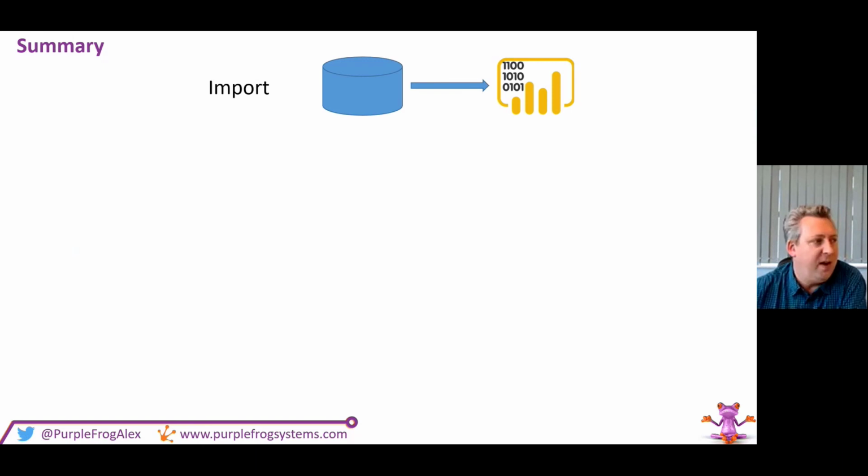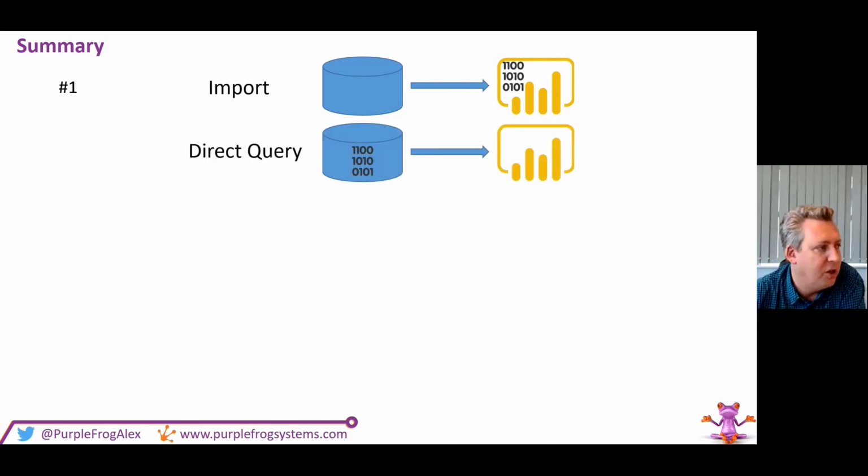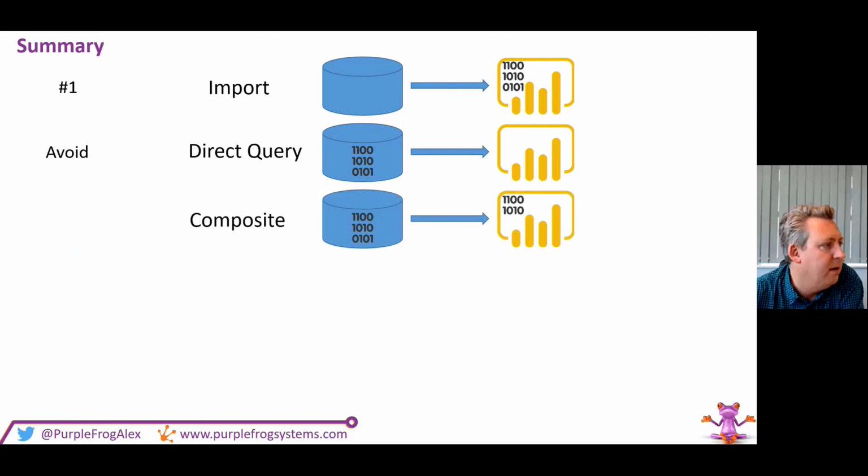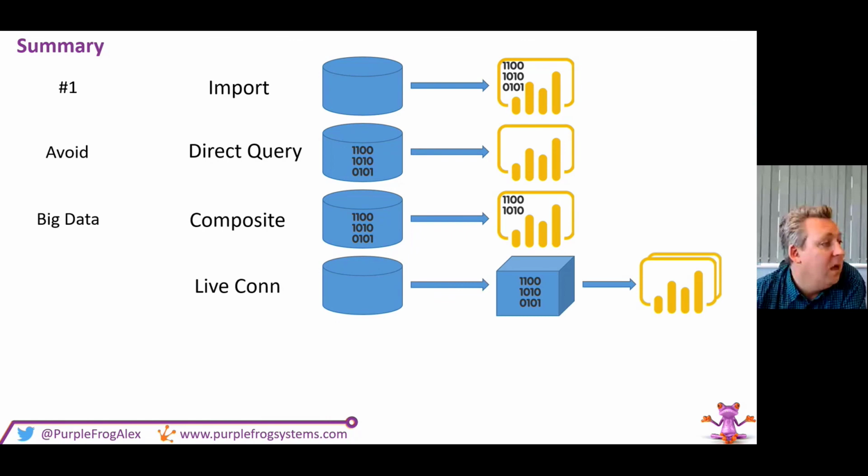So just to very quickly wrap up, import mode, yes, use it, still number 1, absolutely. For most of your report, this is still the number 1. Direct query, big bad no, red flag, avoid like the plague. Composite models, really good way of scaling up very large data sets while still retaining that flexibility to bring big data into Power BI.